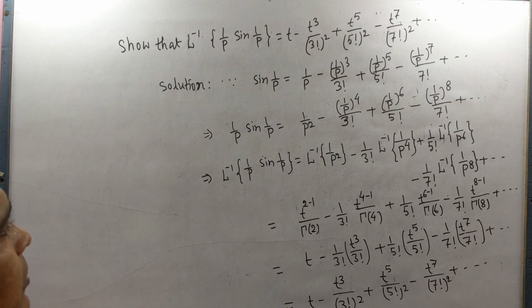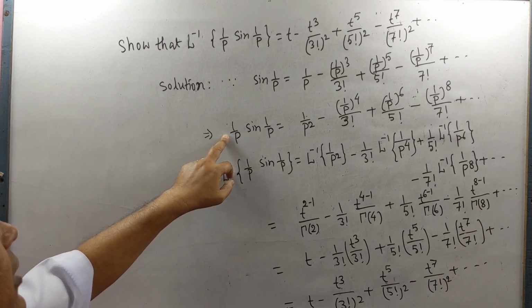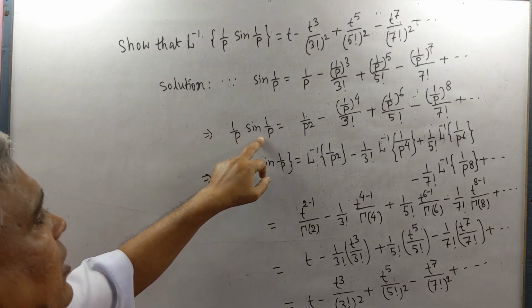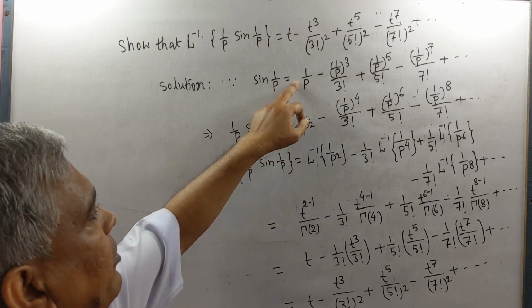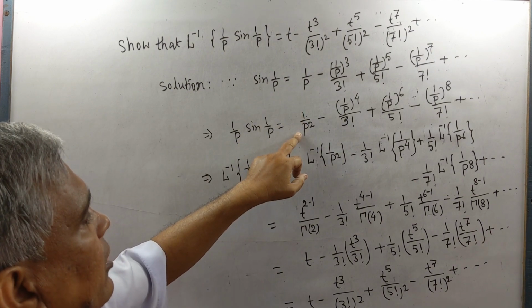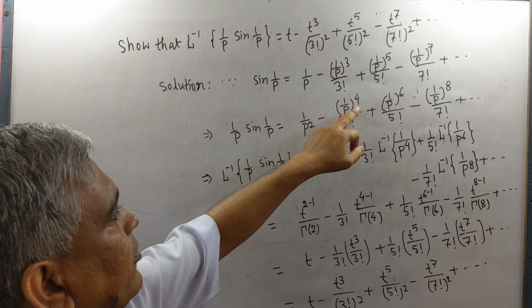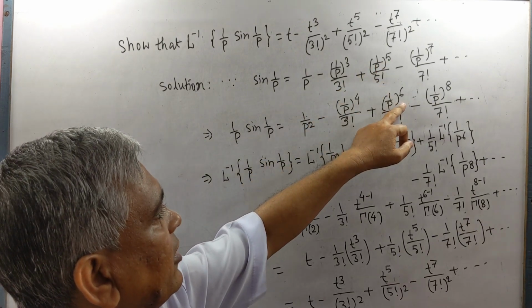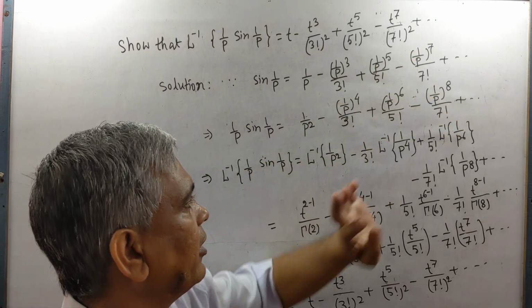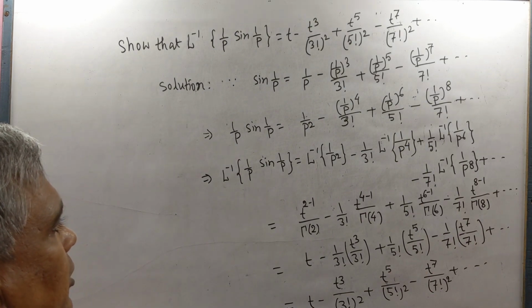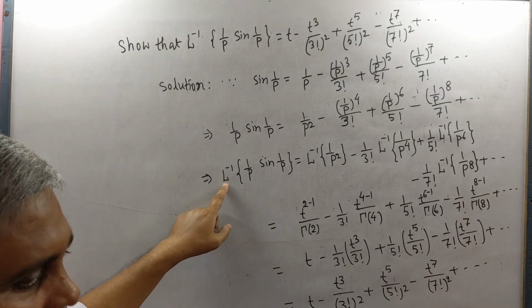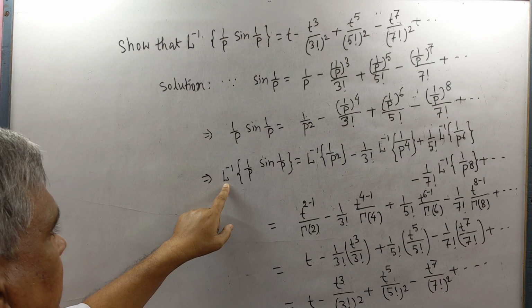We multiply both sides by 1 by p. 1 by p sine 1 by p equal to 1 by p into 1 by p, 1 by p square. Here 1 by p to the power 4, here 1 by p to the power 6, here 1 by p to the power 8. Now we apply Laplace inverse on both sides.